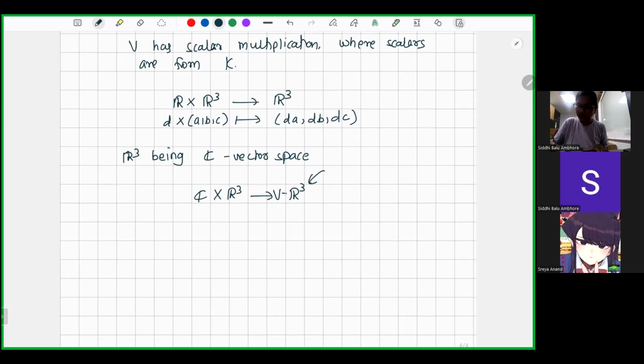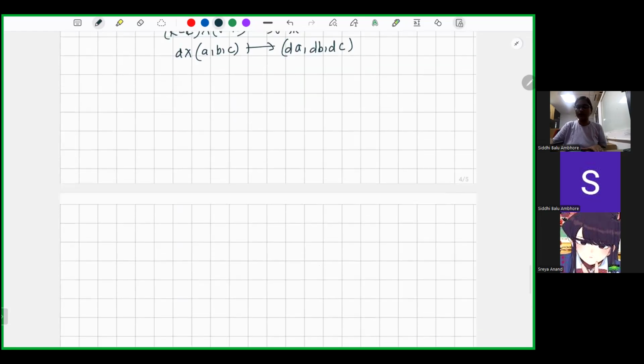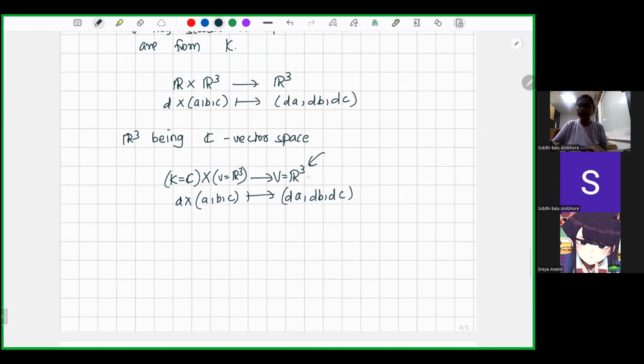This is my vector space V. I am writing this as R3. And then this is my field C. Okay, and if I define this A, B, C to DA, DB, and DC, it looks like it makes sense, but it does not really belong to R3.